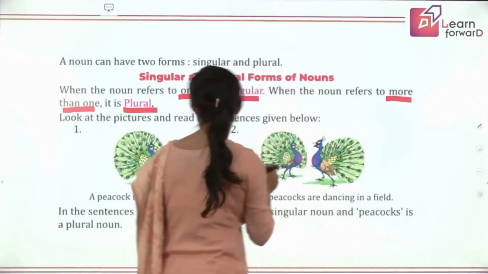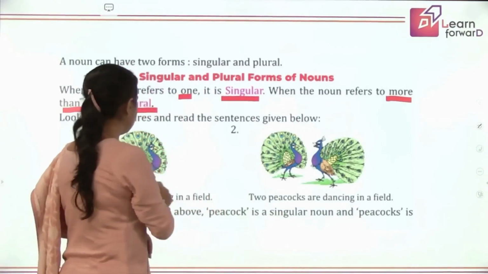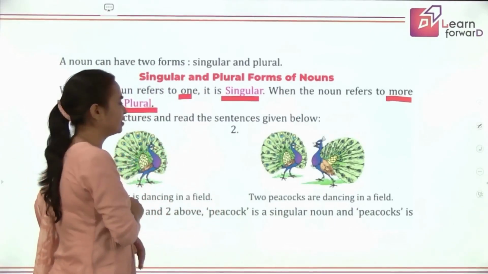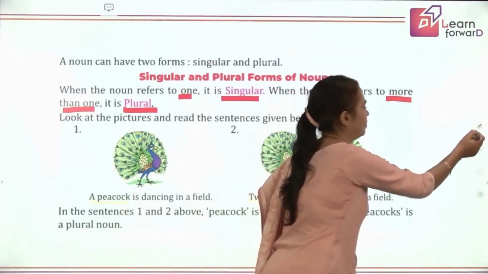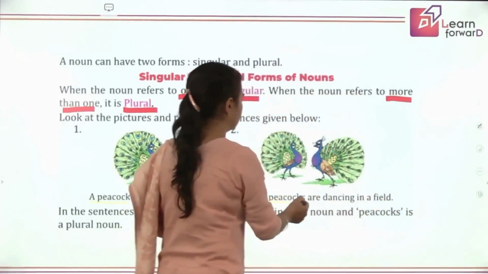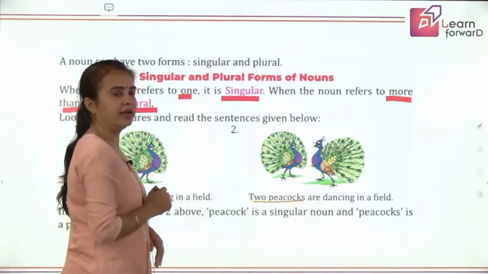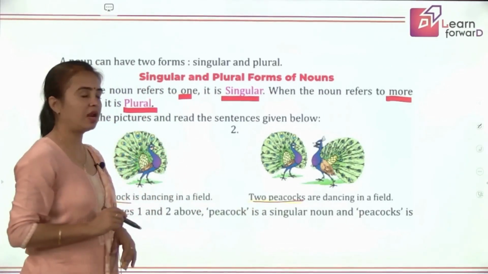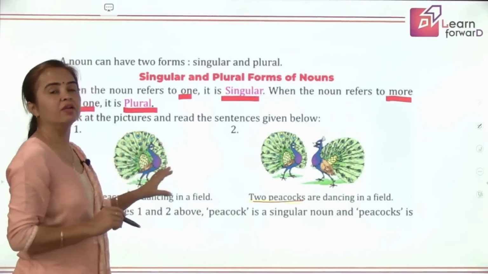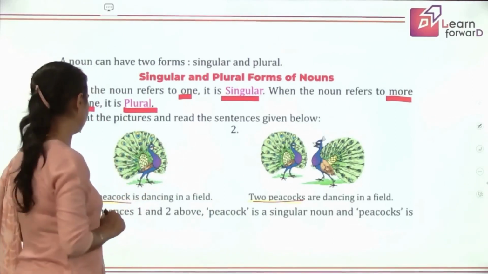No. Good. Now what you see here is a peacock is dancing and here two peacocks are dancing. That means if it is more than one, it is plural. We are using s in plural form. We have the noun, and if it is one, we are using it in singular form.